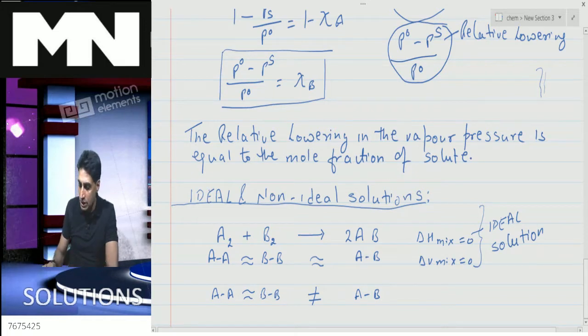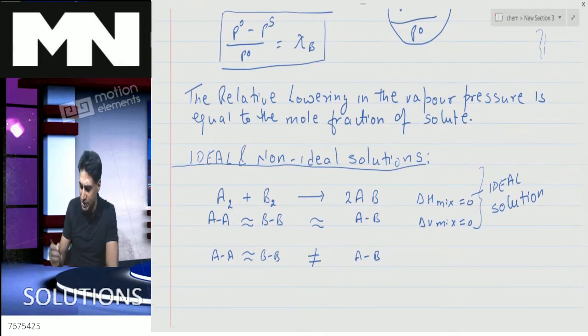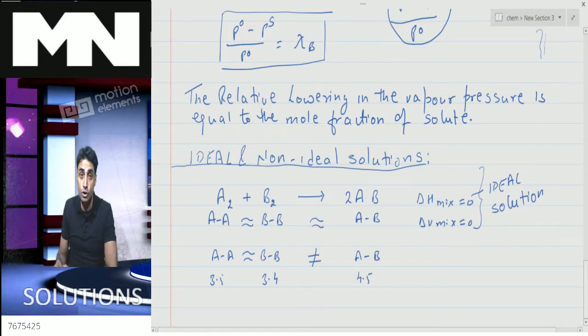I'll give you one example for that. Randomly I am taking some values. Suppose the attraction between AA is 3.5, the attraction between BB is 3.4, and the attraction between AB is say 4.5. That means the attraction is stronger.